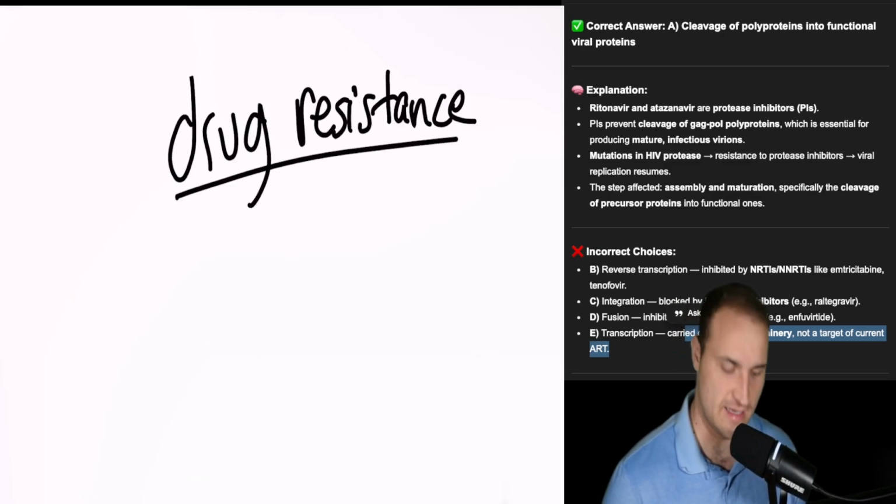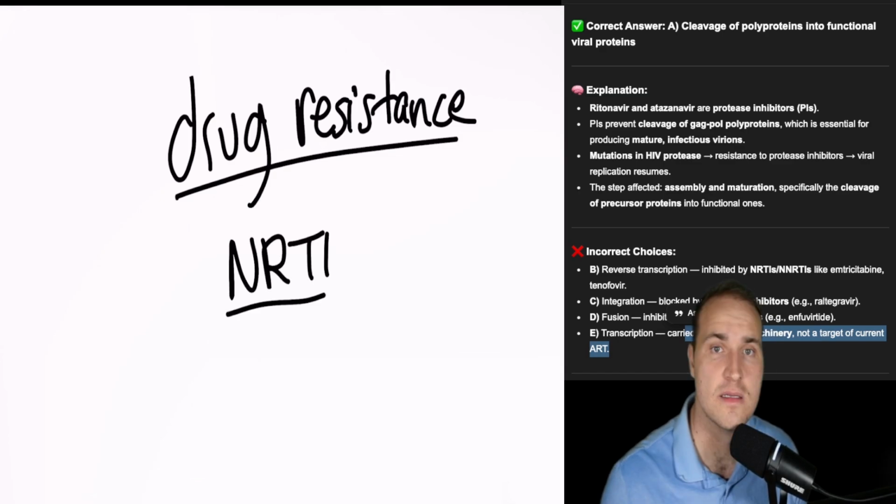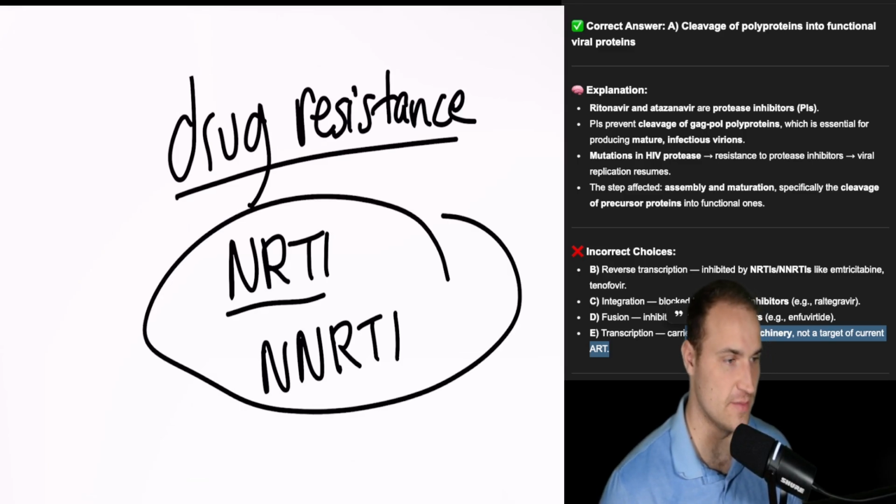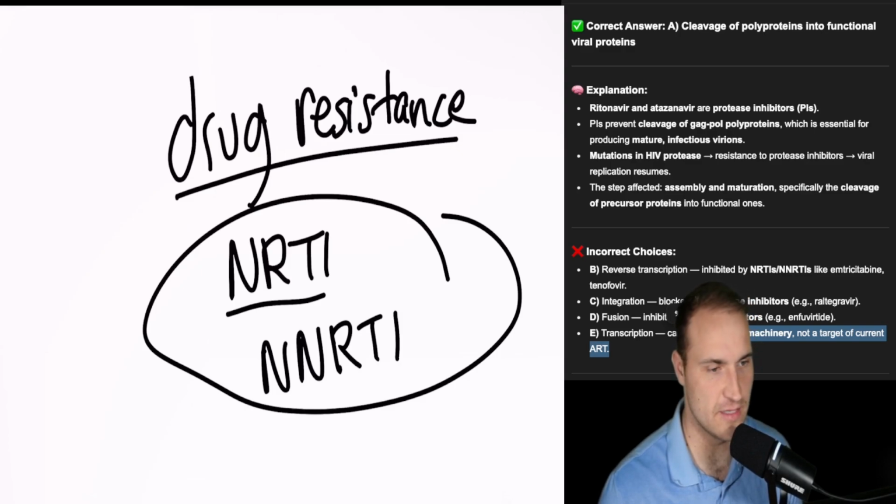And then we just have to recognize NRTIs when we see them, like zidovudine, lamivudine, and then NNRTIs. Remember, efavirenz, and these three will target HIV reverse transcriptase. And that step of the reverse transcriptase is super error prone in HIV viral replication. And that can cause the mutations and viral resistance.